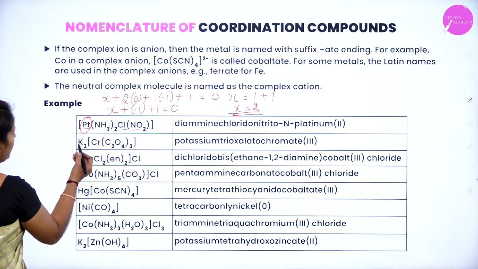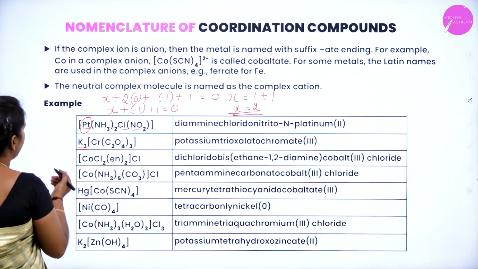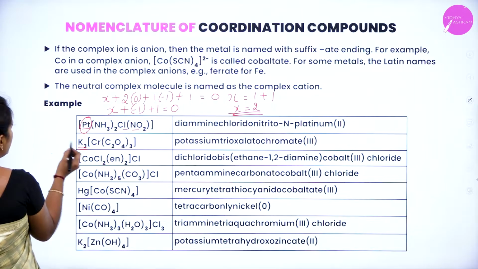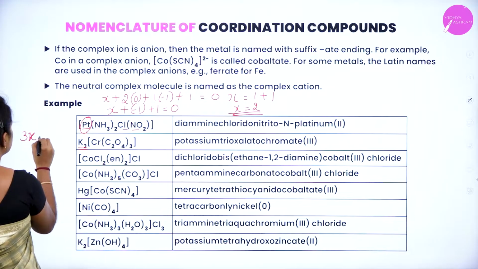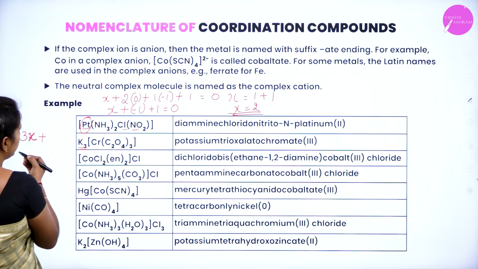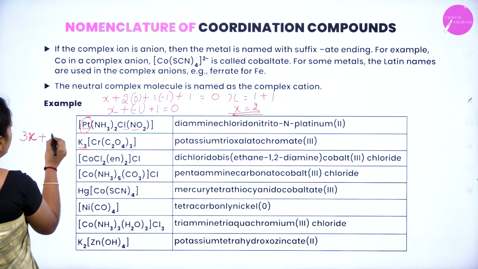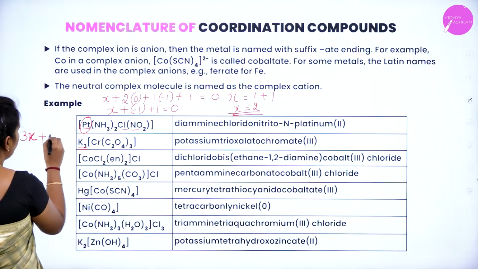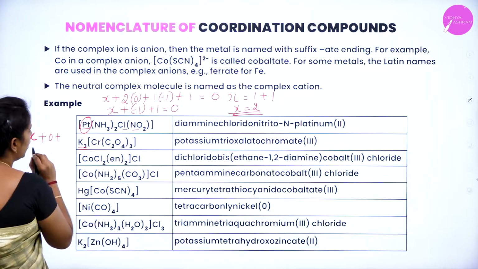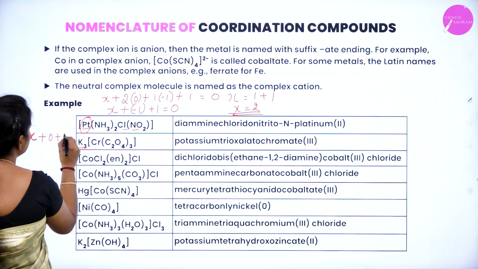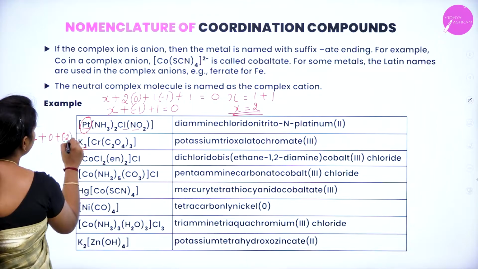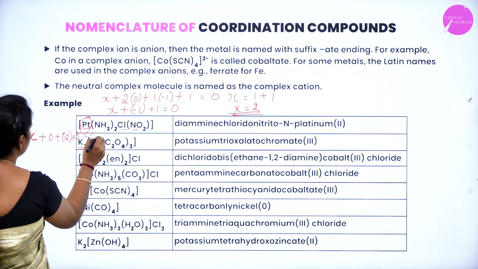In this example again, potassium is present as the counter ion. How to calculate this? I will take 3 into X, because 3 potassium ions will be there. For the chromium, it is 0, and for the oxalate we have understood that it carries minus 2, into 3, is equal to 0.